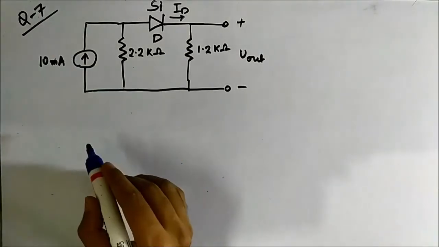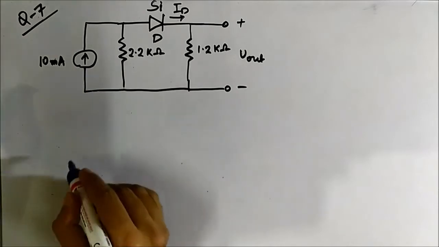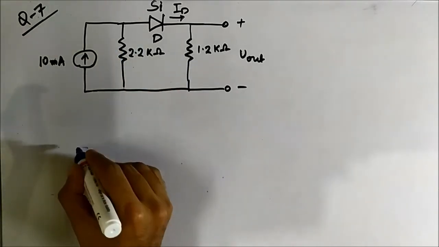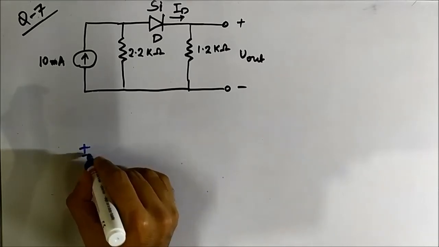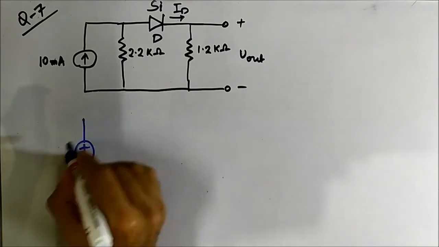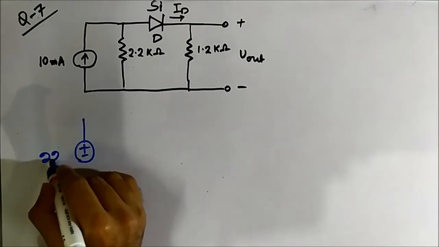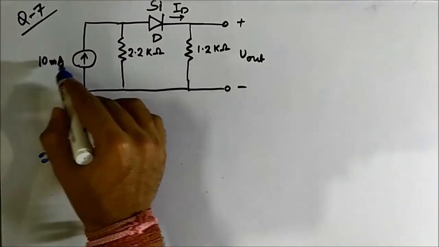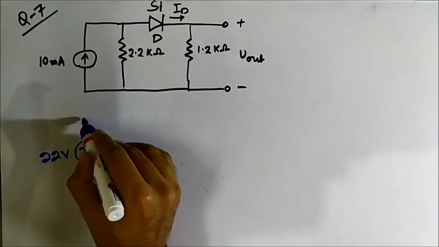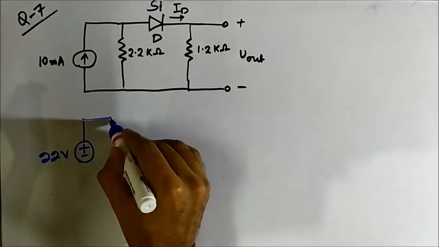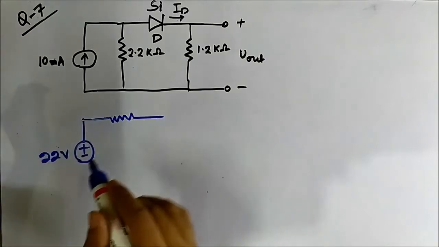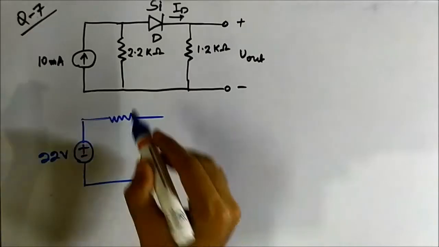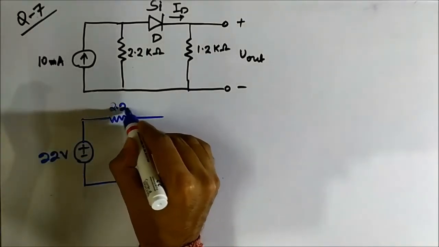We convert it into a voltage source by multiplying: 10 milliampere into 2.2 kilo ohm gives 22 volt, with the milliampere and kilo ohm canceling each other out. And this resistor will be in series with it. This will be the transformation that will happen.